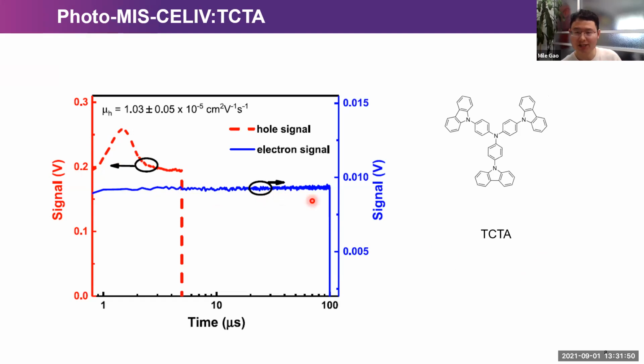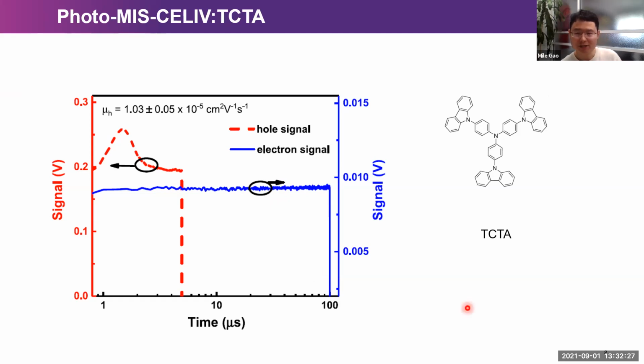Even when the pulse duration was increased to 100 microseconds, the transient is still flat. So we can conclude that the electron mobility of TCTA has to be less than 10 to the minus 8, which agrees with previous reports that TCTA has negligible electron mobility. And this is also evidence that aluminum is effective in blocking the hole injection. Otherwise, either injection or extraction, there must be some hole signal for the blue line.